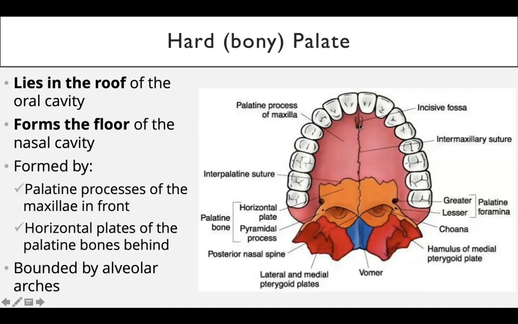And there is a fossa inside, bounded by the alveolar arch. The alveolar arch is formed by the teeth and the sockets of the teeth, and the gums. This forms an arch, right? So this is known as the alveolar arch.